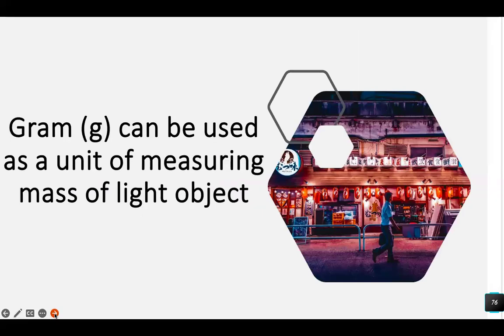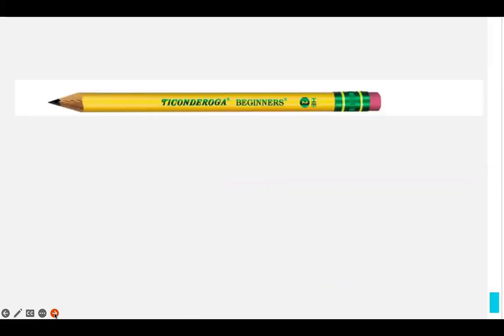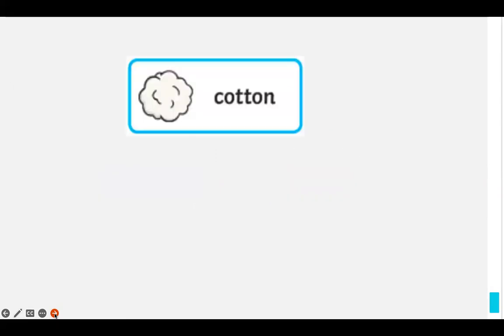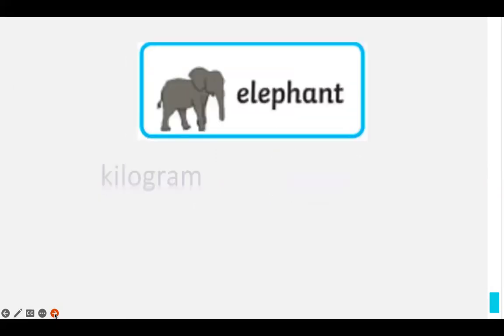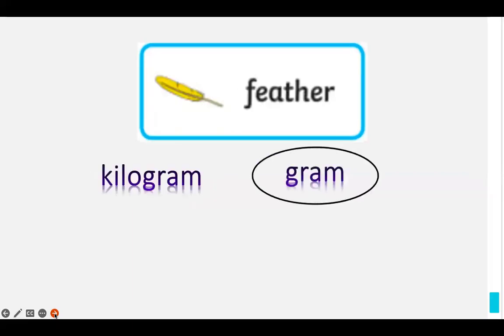Gram can be used as a unit for light objects, and kilogram is the standard unit of measured mass, which we use for heavy objects. So for light objects, grams. For heavy objects, that is kilograms. So let's go to the lessons for today.